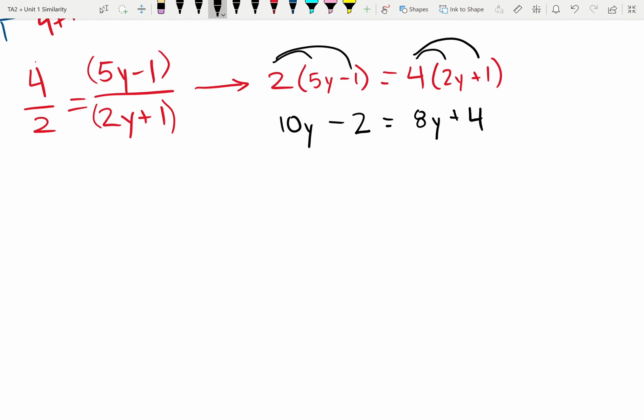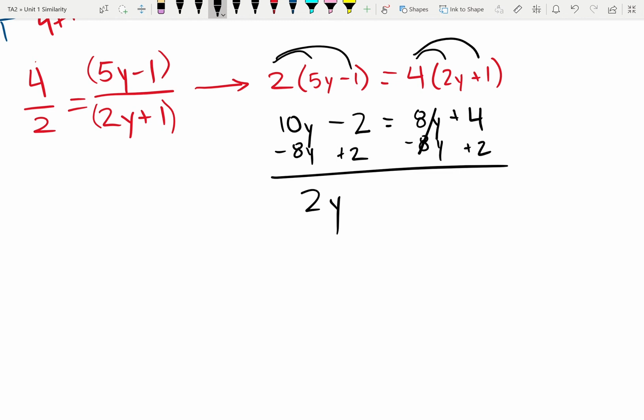Now we decide which side we want our variables on. This 10y is positive, and if we subtract 8y over, it's just going to be a positive 2y. Let's subtract the 8y from both sides, and we'll get 2y. Then I'm going to do this all in one step: I'm going to add a 2 to both sides. Adding a 2 cancels out the negative 2, and then I have 4 plus 2, which is 6.